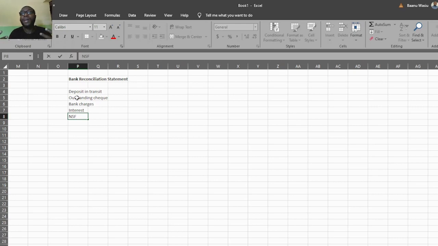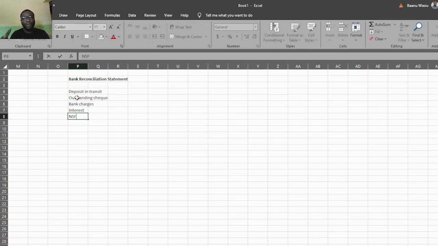So the earlier credit to your bank will later be debited, because the bank discovers that that amount cannot stay in your account, but you have no idea of that transaction. You have already recorded an income in your cash book, but the bank has later removed that money. So that will lead to imbalance in both statements.